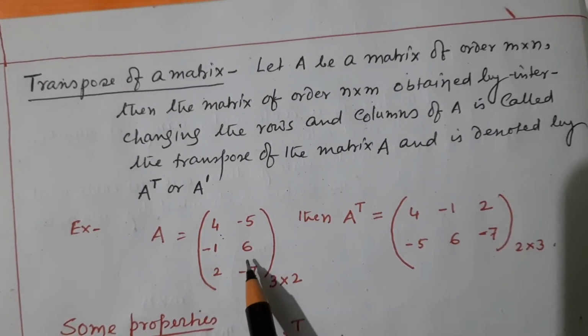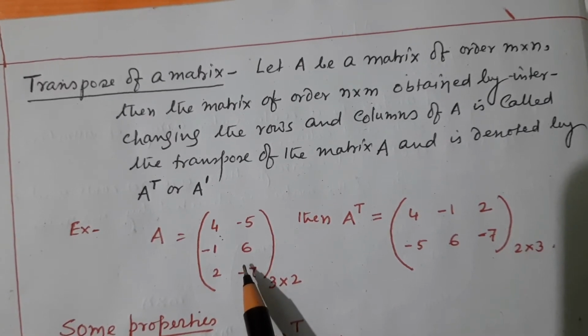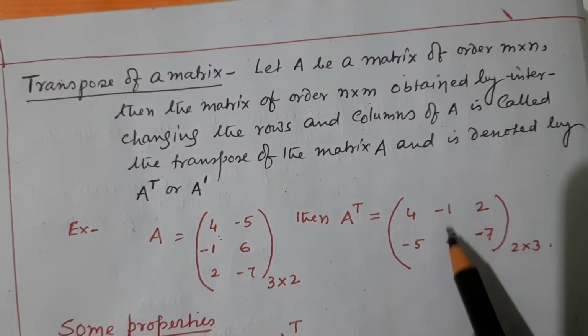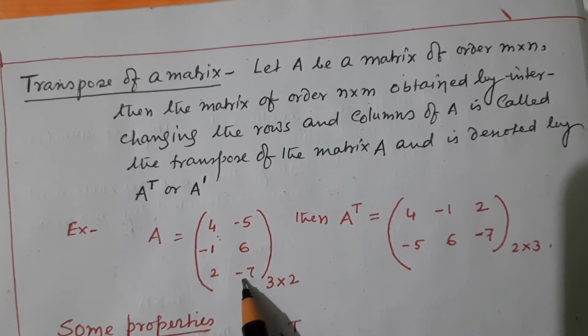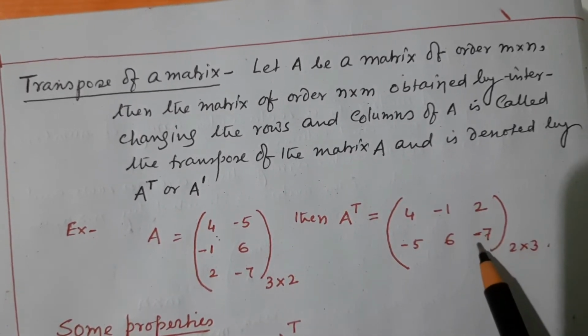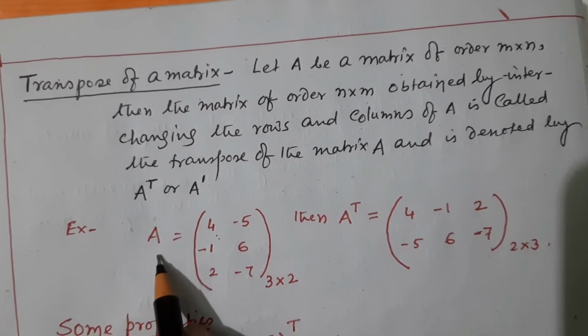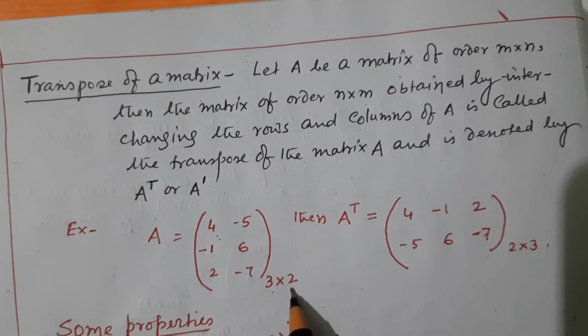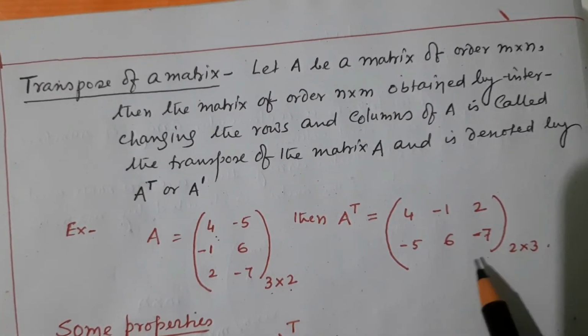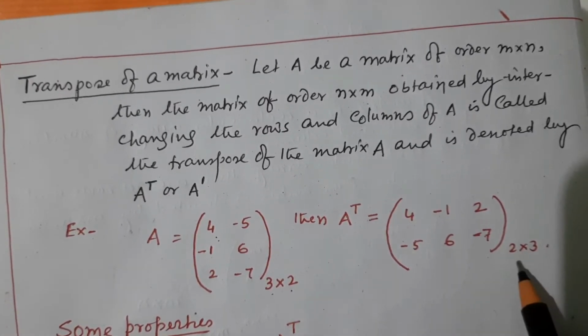This is the second row, minus 1, 6, written in the second column. This is the third row, 2, minus 7, written in the third column. So if a matrix is of order 3 cross 2, then when we write its transpose, its order will change to 2 cross 3.